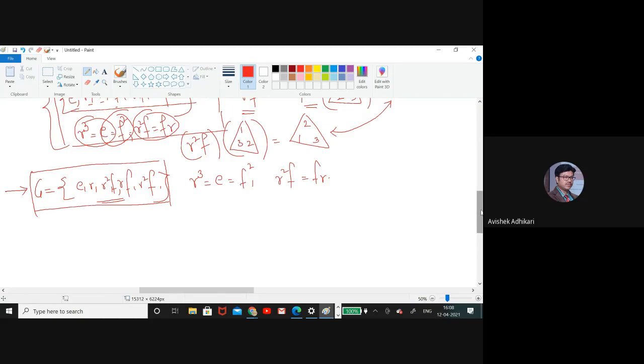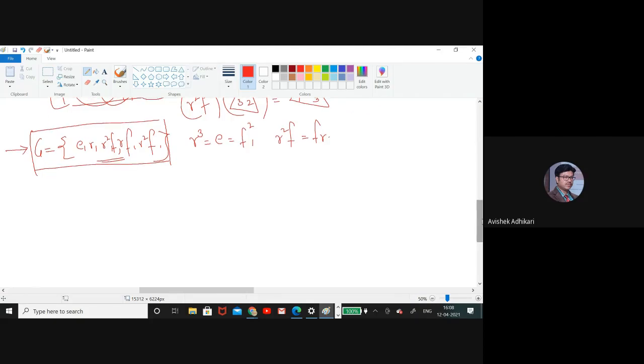Can anybody tell me any element that I should take from here? R. Okay. If this is a group, then r square should also be here, and you can see that r square is already there. R cube must also be there. Is r cube inside?